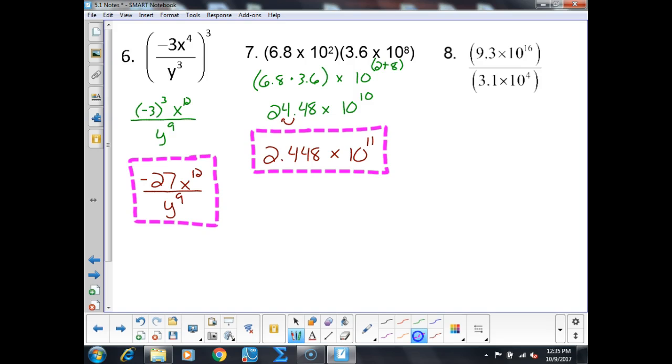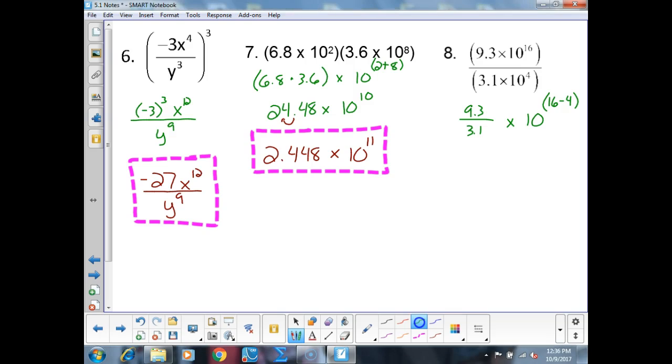So in this one, this is really 9.3 divided by 3.1 times 10 to the 16 minus 4 power, which is 3 times 10 to the 12th.